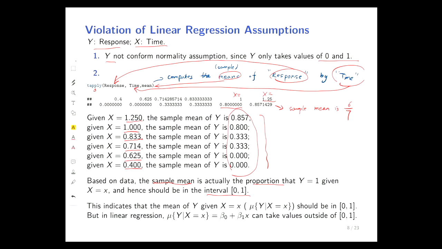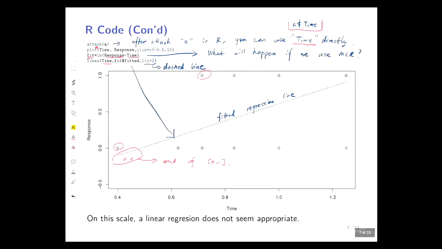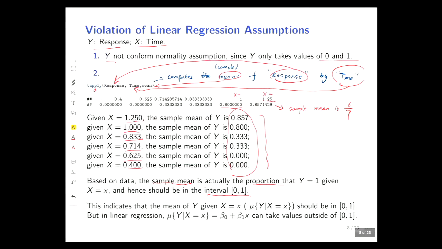But we actually transform our observation here in our code and also our output. And remember that for the multiple linear regression model, we actually model the mean of response as a function of the explanatory variable. Remember? For the multiple linear regression model or the simple linear regression model, we model the mean of response as a linear function of the explanatory variable x.